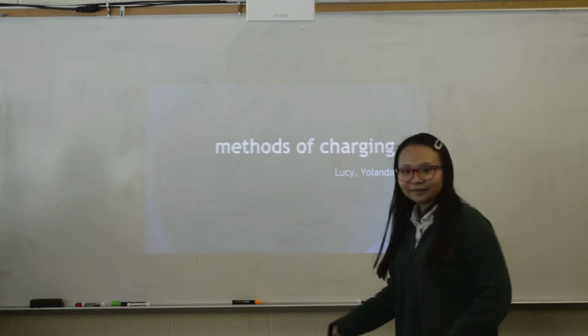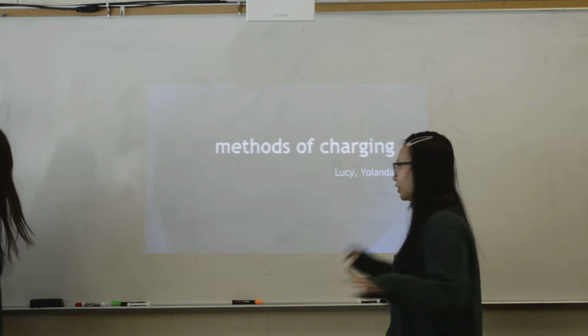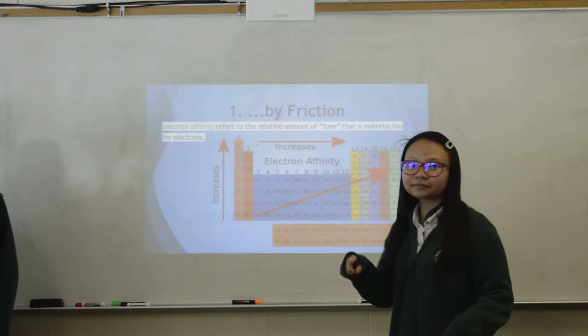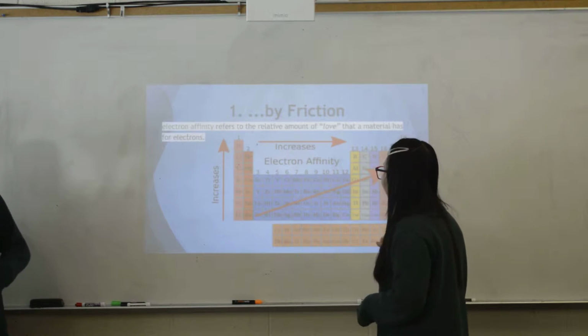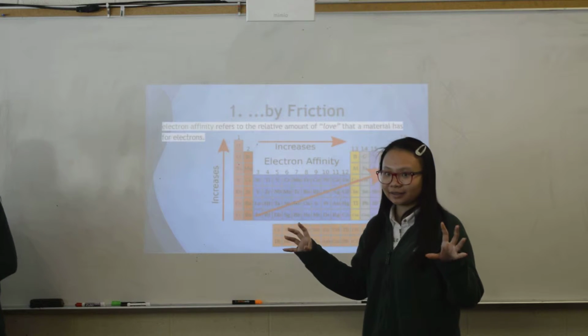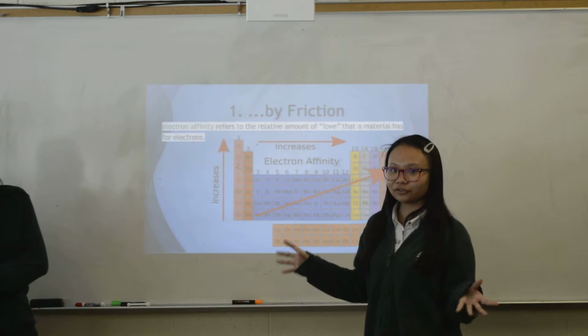So basically there's four methods of charging. And first of all, I'm going to talk about bifurcation. Bifurcation means there are two particles and they're neutral. They are not charged.